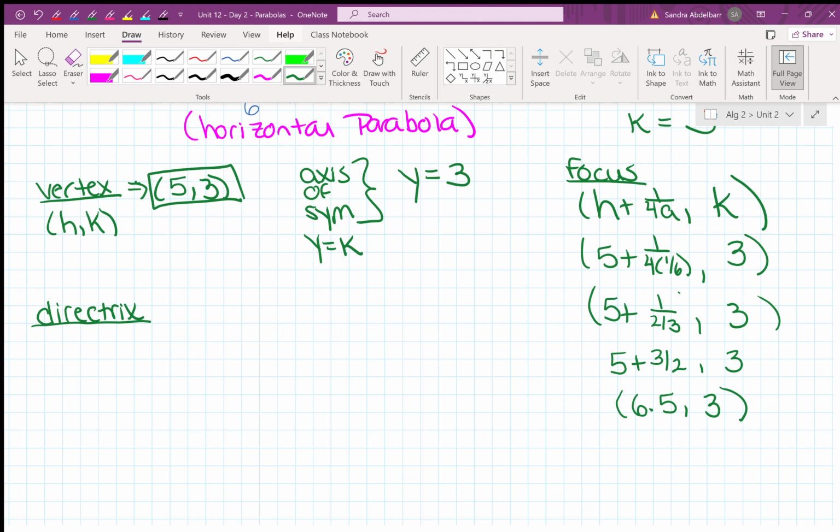It is a vertical line, the directrix. Yep, so it's a vertical line, so it's going to be x equals, and then we have h minus 1 over 4a, because remember, the focus is plus, the directrix is minus.